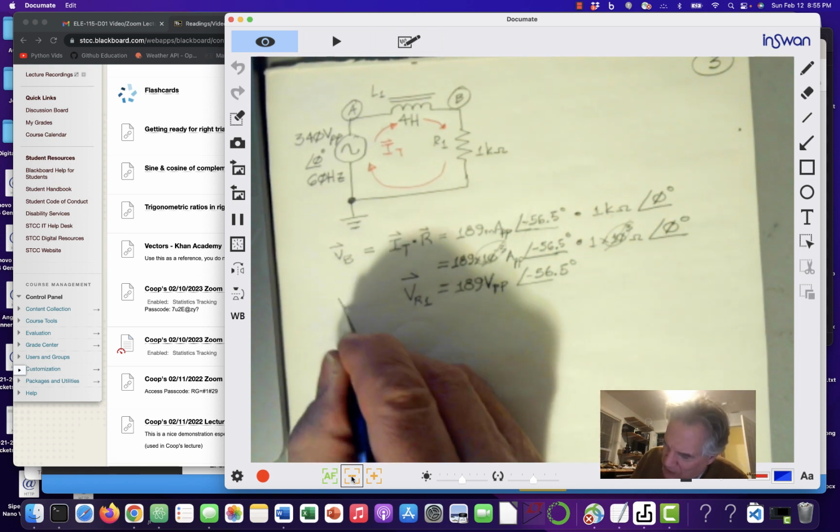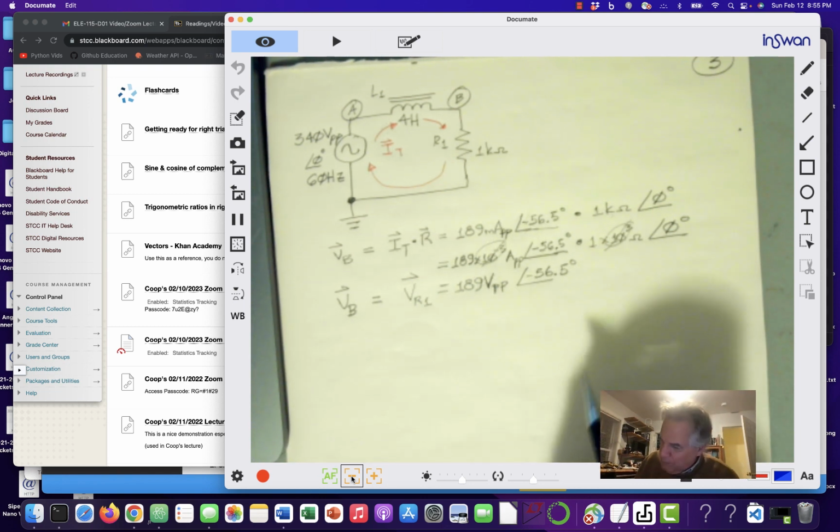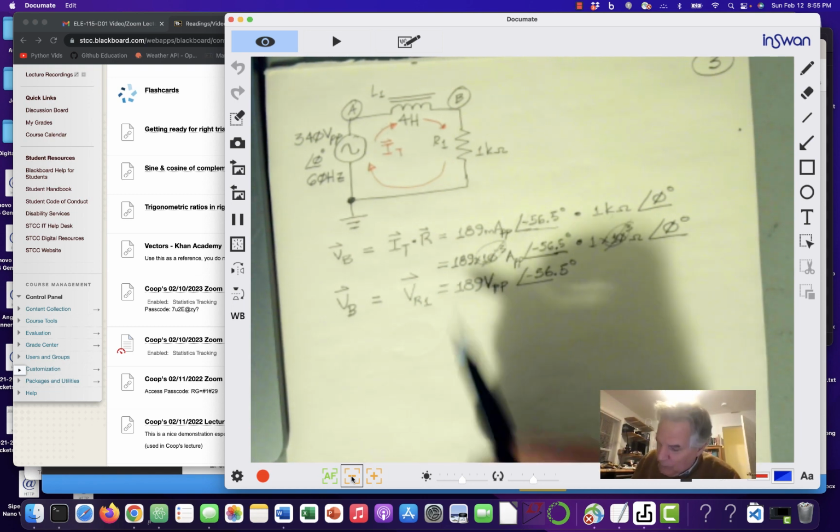VB is the same thing as VR1, and there's your answer.